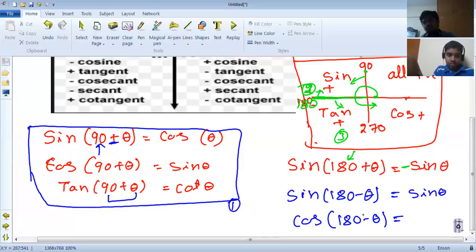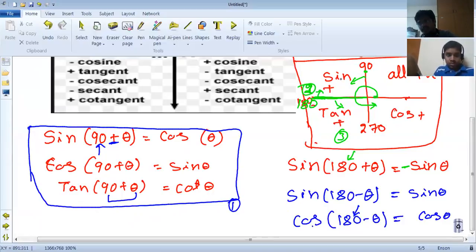If you have 180, then it is really clear. No need for any confusion here. If it is 180, whatever the trigonometric function, you will get the same trigonometric function. And now we need to find the sign. 180 minus theta will be in the second quadrant.